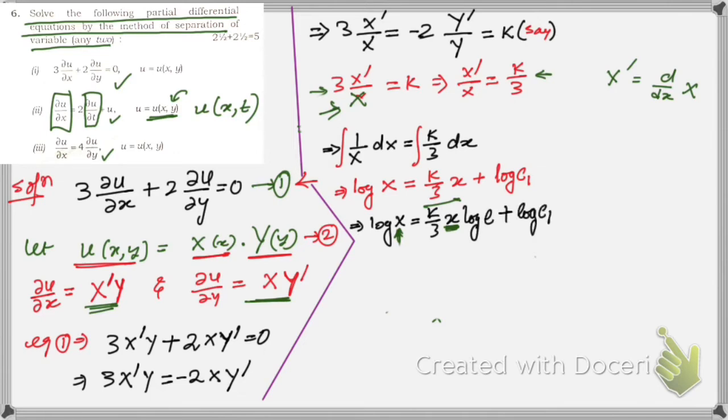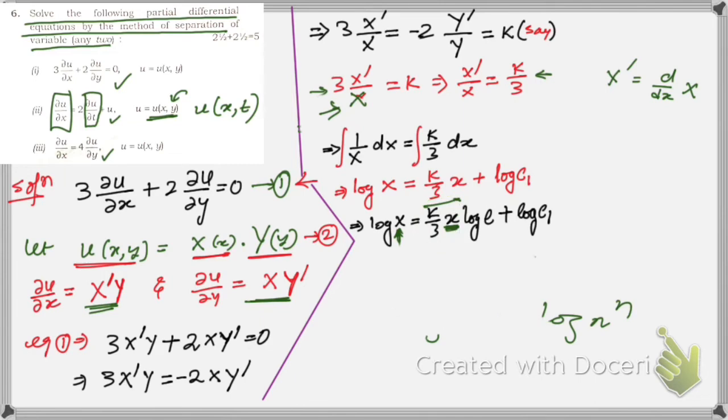Plus log c1. So if we know the property n log m gives log m to the power n, and use it here, then this term will be a power of e, right? So hope you know this.